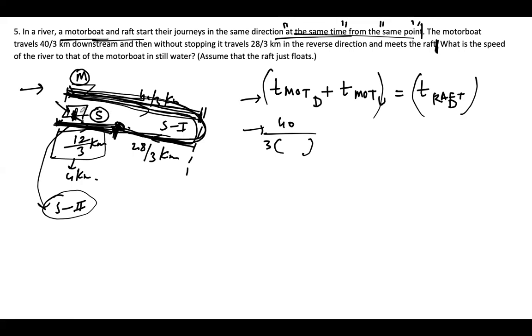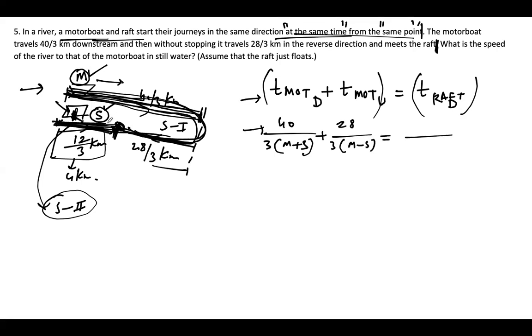Time is distance upon speed. What will be the speed downstream? Motorboat plus stream: m plus s. Upstream, it traveled 28 by 3, at speed m minus s. Very good.